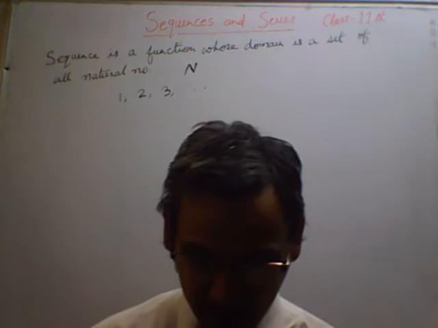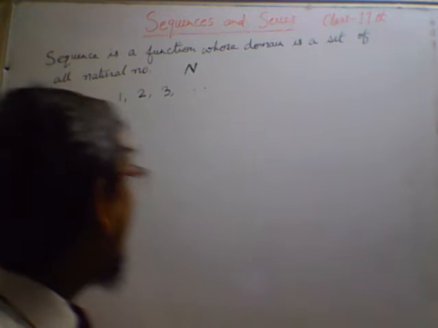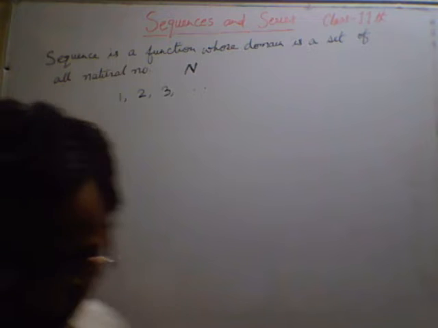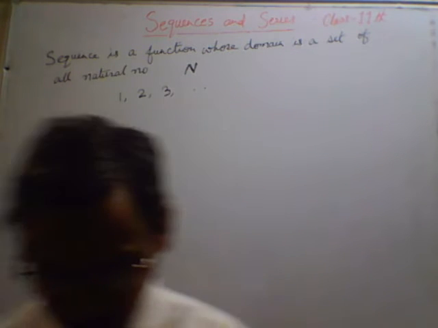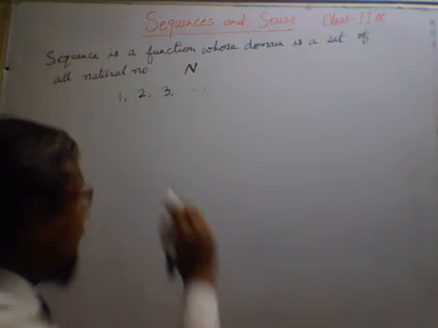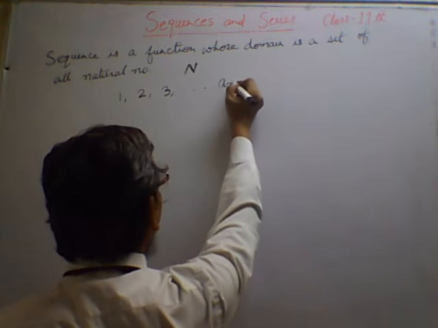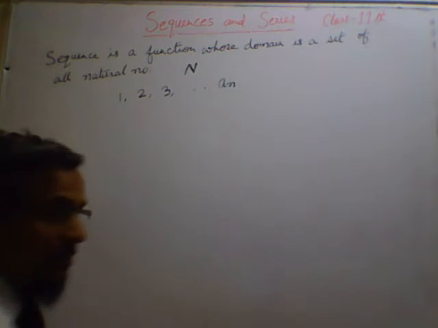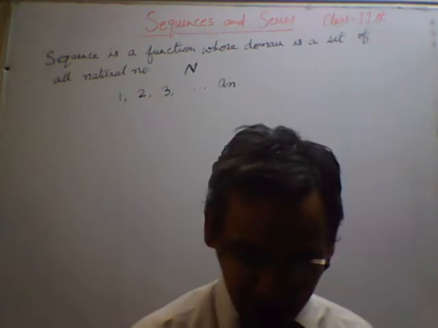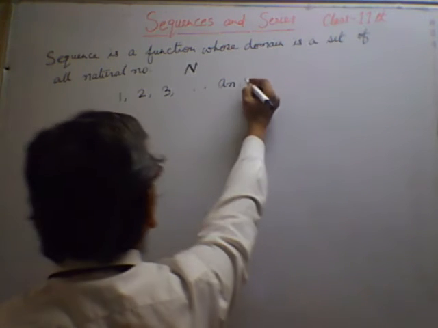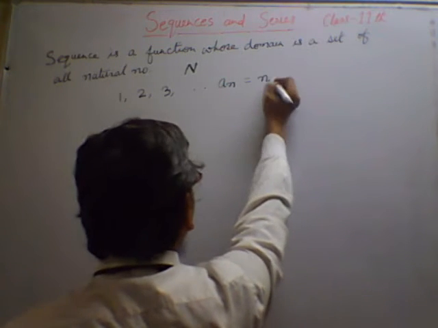So now we will go with the example. What is this sequence? If we write 1, 2, 3, and so on, an. An means nth term. So here, how many terms? Here, n terms.